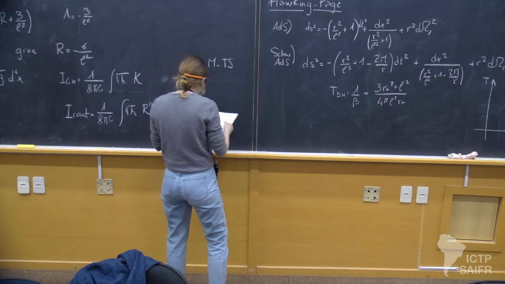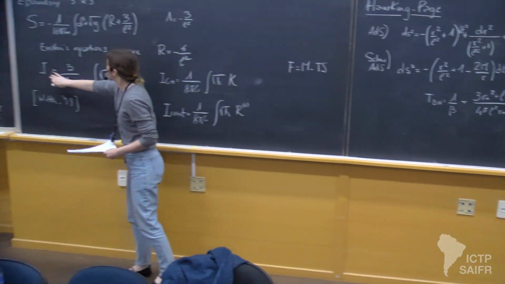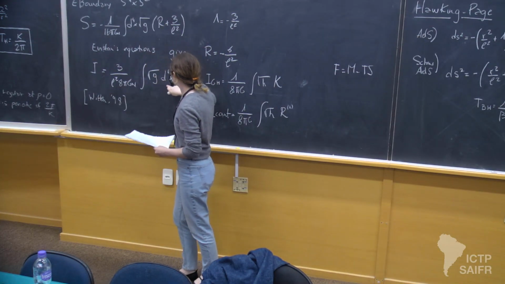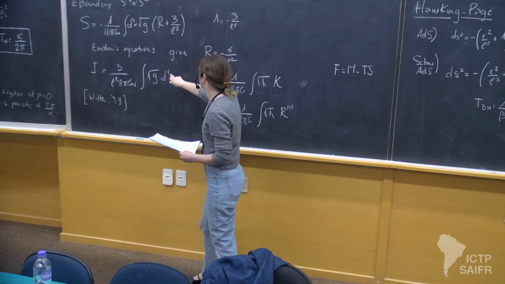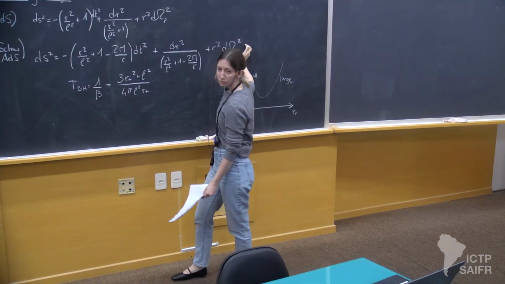So what I'm going to do is compute, so this is just a volume, right? The on-shell action is proportional to the volume, like square root of g, integrated over d4x for either this or this.